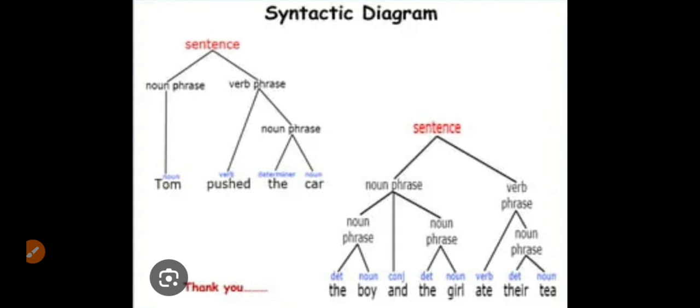Please take care, I am repeating. A phrase is a group of words, and a tree diagram is thoroughly based on phrase structure rules, but sometimes a single word is used as a phrase. That is a contradiction.